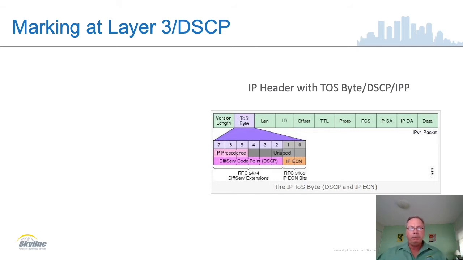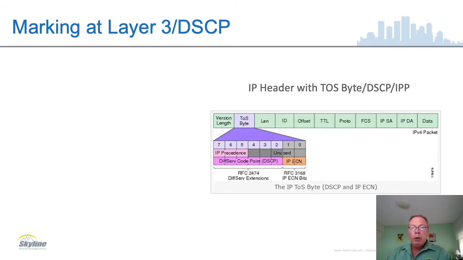So that's why we had IP precedence, but 2 of those values were set aside. Values 6 and 7 were set aside for management traffic. So in terms of applying QoS to your corporate environment, you are only given 6 values to work with: 0, 1, 2, 3, 4, and 5.